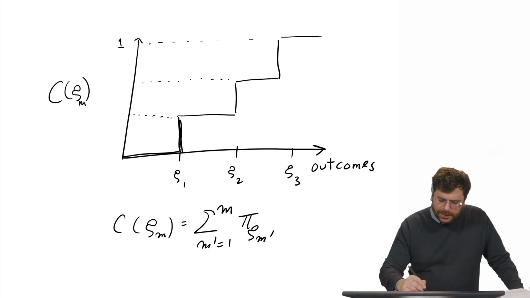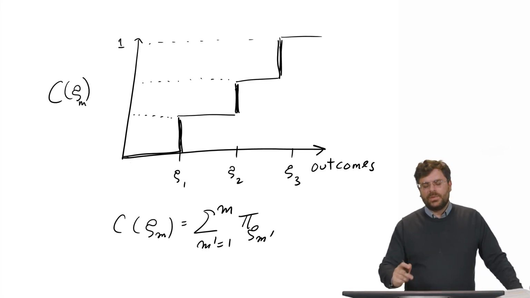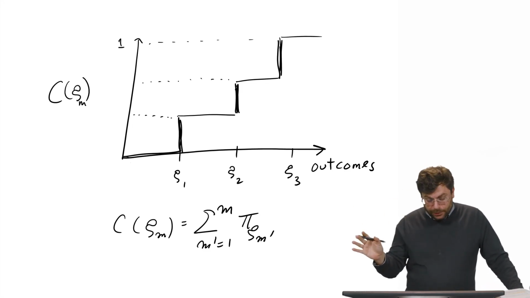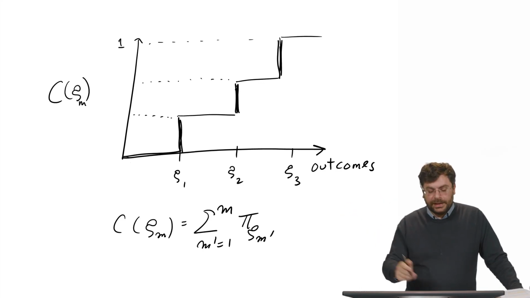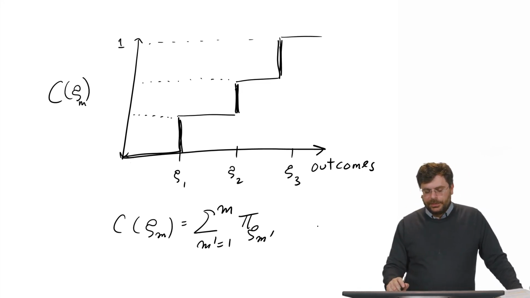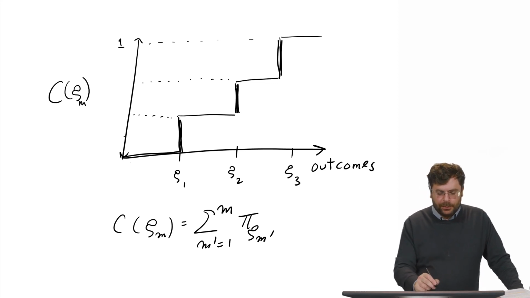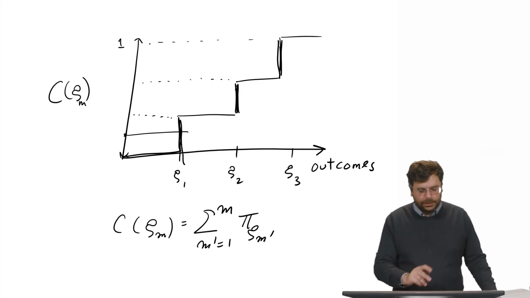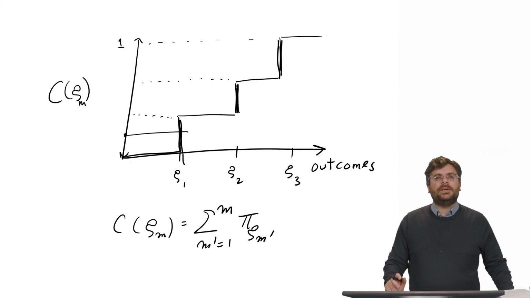You're going to say, well, why am I taking my stick and, instead of drawing a straight stick with 2 breakpoints, why am I breaking it up as a step? Well, here's what I'm going to do, and here's why. I'm going to draw a uniform random number from 0 to 1. Now, if my uniform random variable is between 0 and pi 1, suppose it's here, then I'm going to look at where this line intersects, and if it intersects at rho 1, which it will if the uniform random variable is less than pi rho 1, then I pick outcome 1.